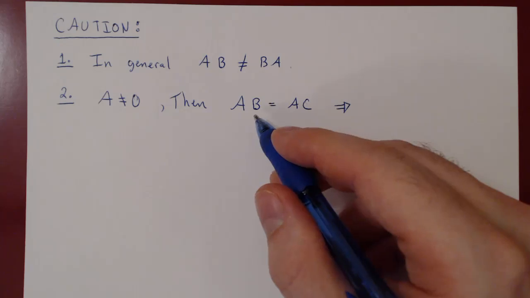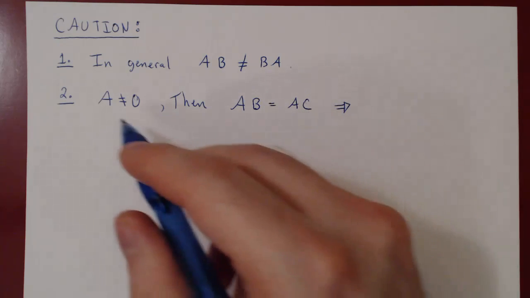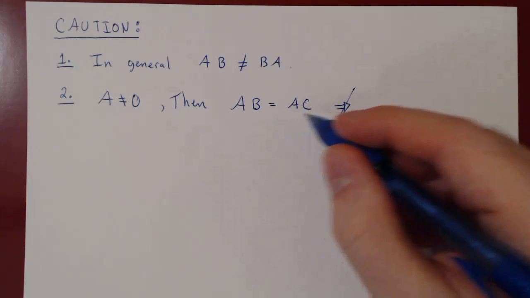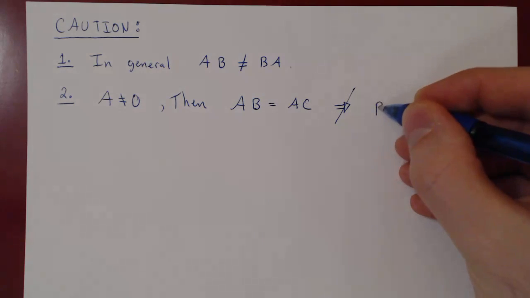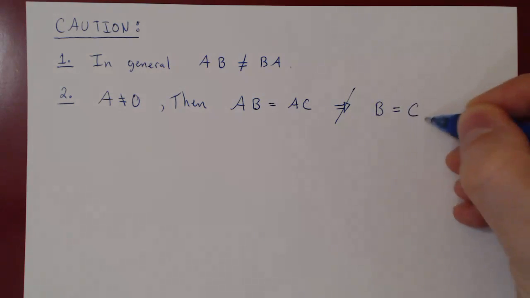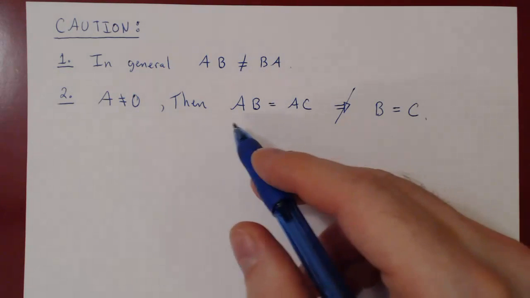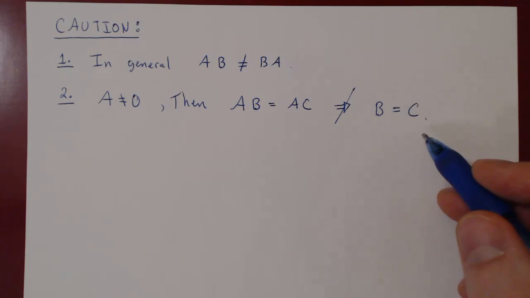So even though AB equals AC, and A may not be the 0 matrix, we cannot conclude, it does not imply, that B is necessarily equal to matrix C. So the simple cancellation rule of real numbers is not true of matrices.